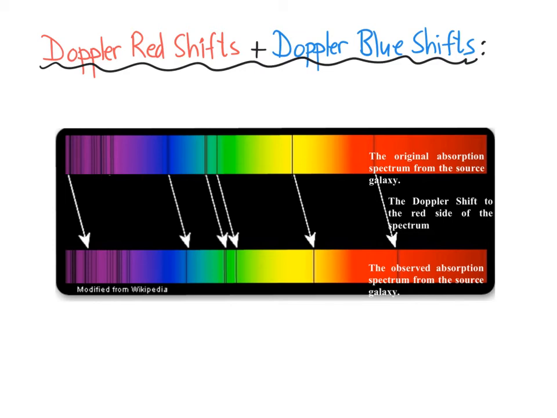So let's take a galaxy's electromagnetic spectrum. There's its absorption spectrum. Now, when we look at this galaxy, we find that the wavelengths have moved to the right of the spectrum. That the wavelengths have shifted to the red part of the spectrum. So they refer to this as a red shift.